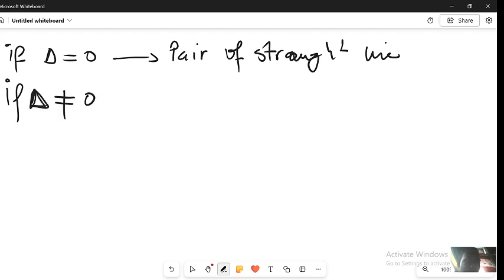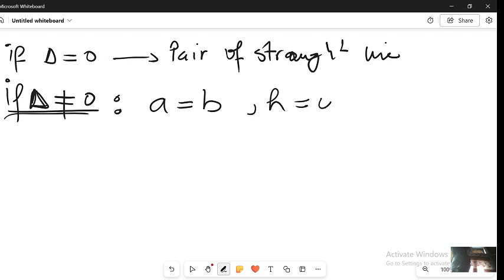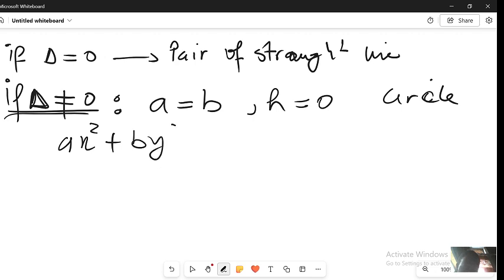If delta is different from 0, we'll compare between a and b. If a and b are the same and h equals 0, it's going to be a circle. Why? Because the general equation will become like this one: ax squared, since h is 0, it will not have this xy term, plus 2gx plus 2fy plus c equals 0.